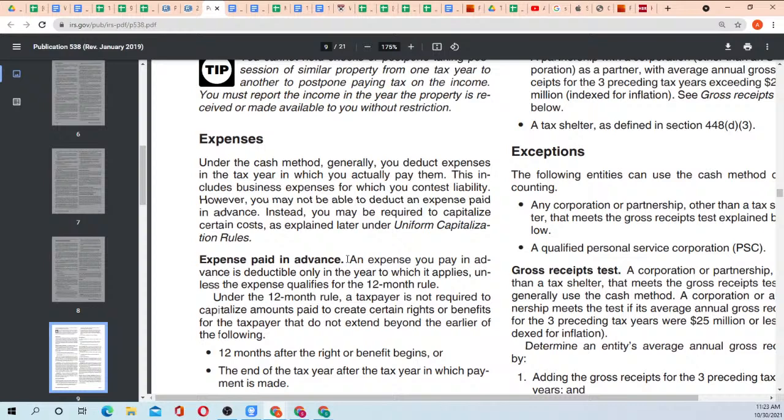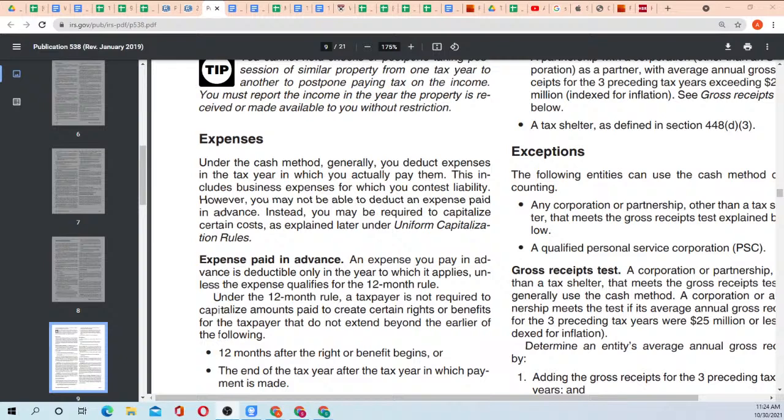If you are smart, you might think that it might be beneficial to prepay a lot of expenses in advance, and that way save on taxes, to recognize expenses earlier than you've incurred them.